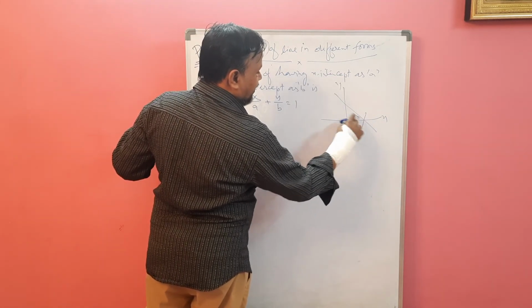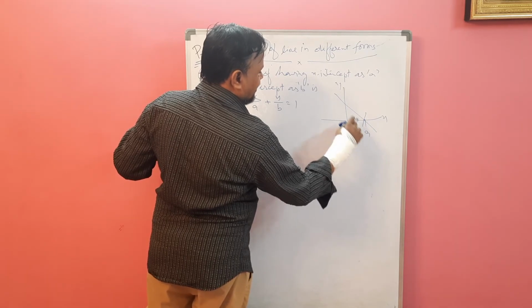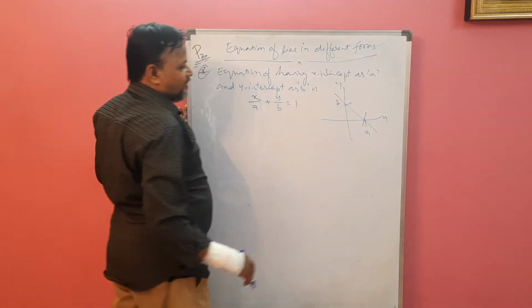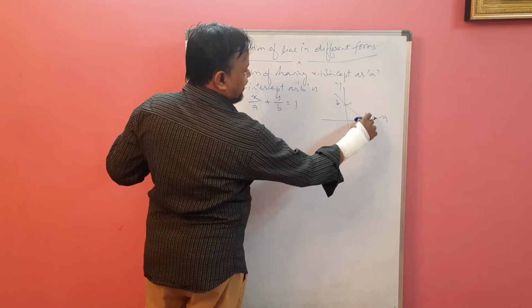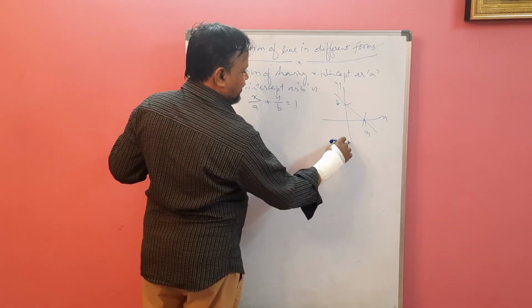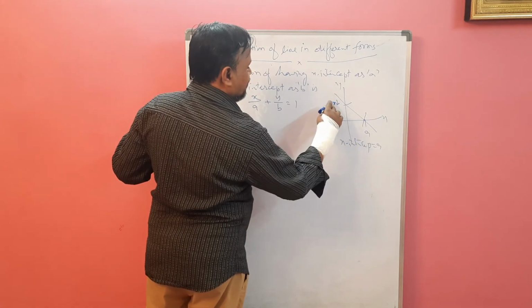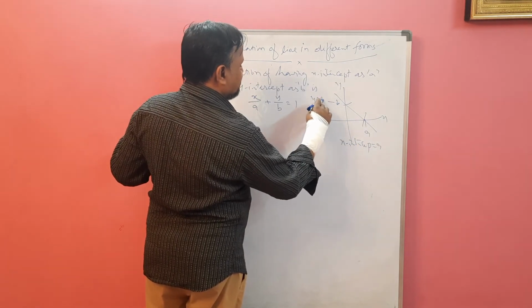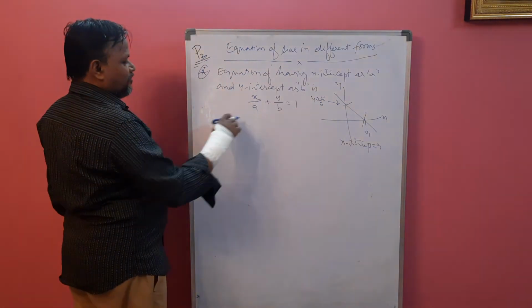The line cuts the x-axis at point a and the y-axis at point b. So the x-intercept is a, and the y-intercept is b. Okay, so the equation is like that.